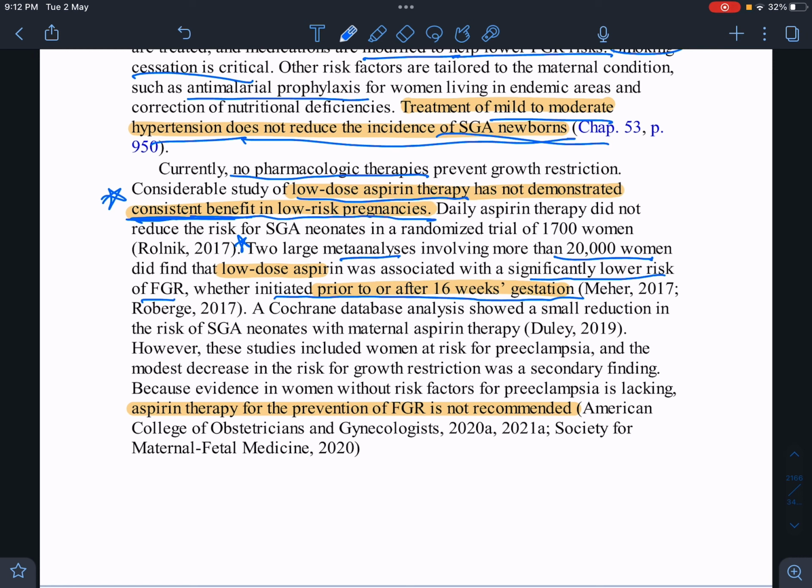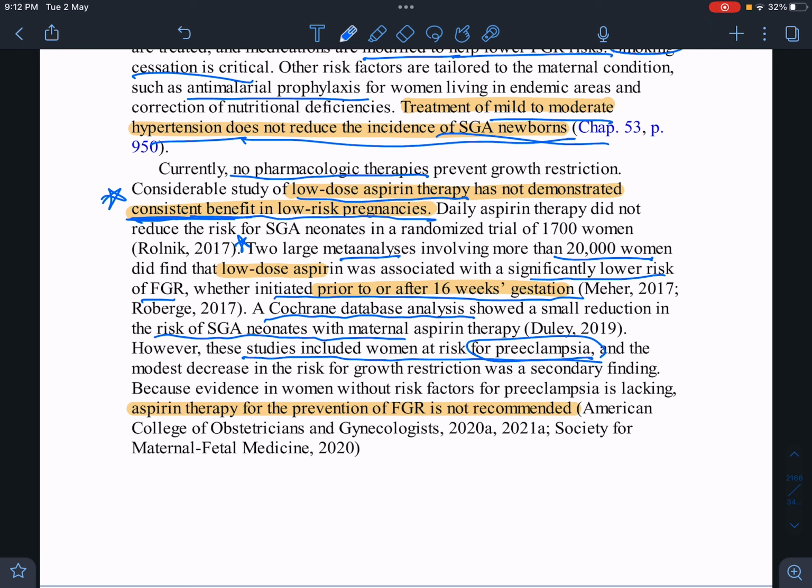Okay. Now, a Cochrane database analysis showed a small reduction in the risk of SGA neonates if you give aspirin to the mother. But these studies also had women at risk of preeclampsia, and that's why maybe this was helpful, because aspirin helps in preeclampsia.